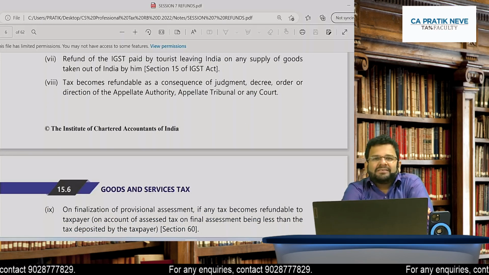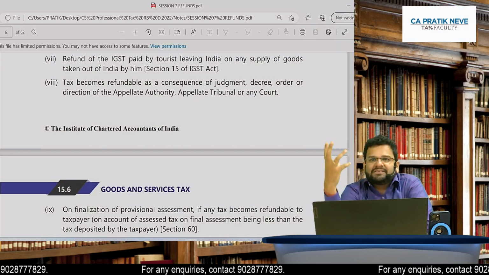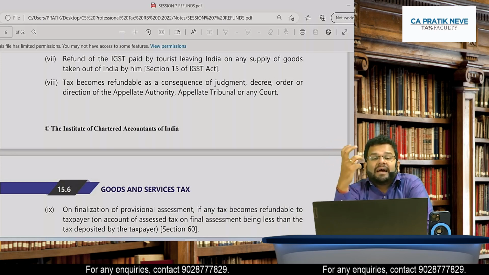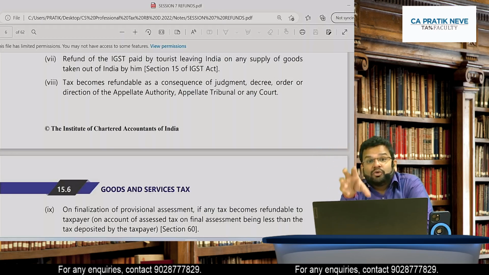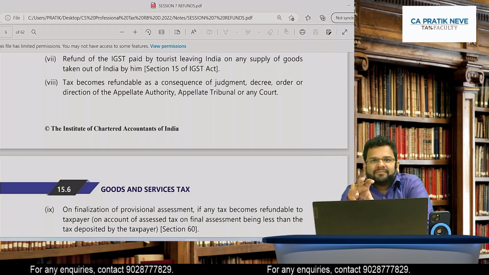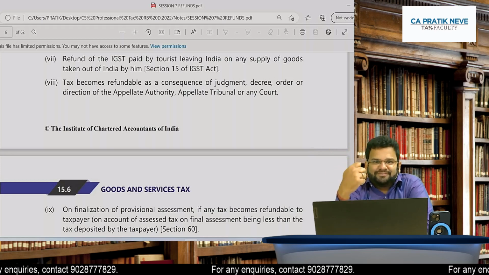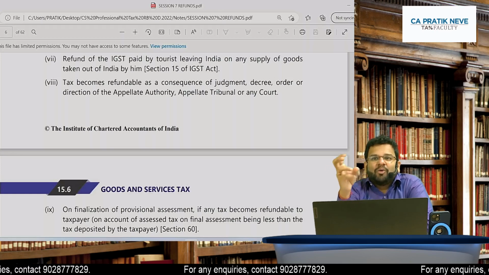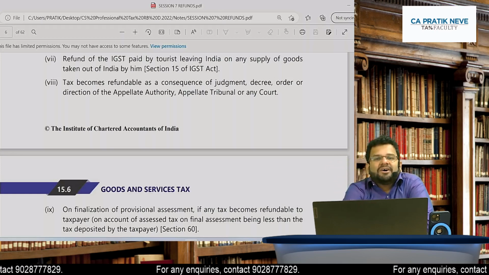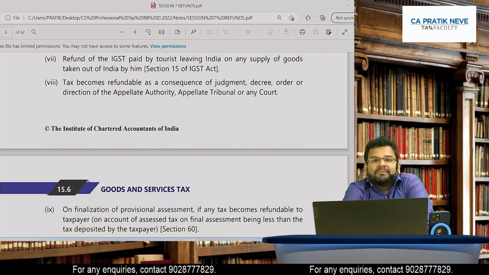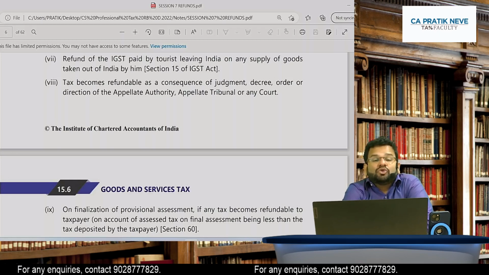Then we have also discussed this point. It's just a synopsis of many topics. There is a foreign tourist in India. He purchases some goods. Obviously the Indian shopkeeper, when he sells him the goods, will charge him IGST. Tell me one thing, where is this foreigner going to consume these goods?